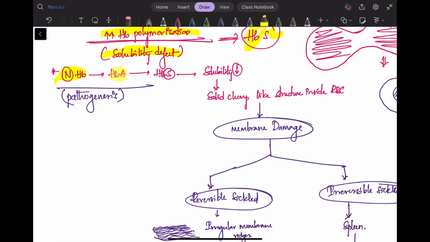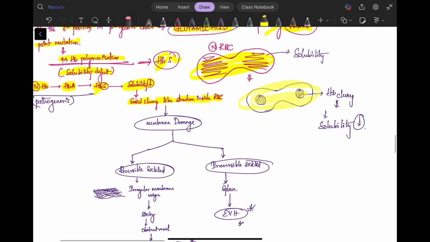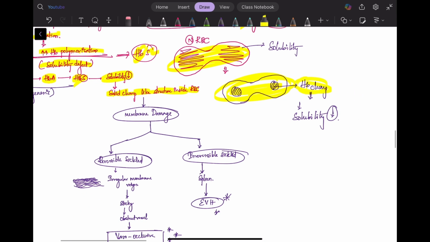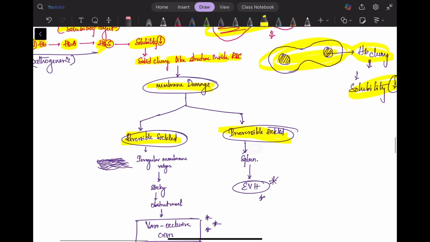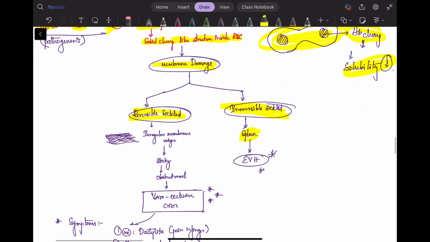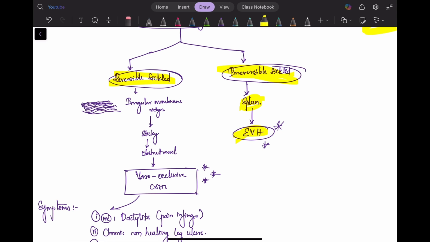Then normal hemoglobin, carrier, then diseased, then solubility reduced and clumps will be seen, where the normal RBC looks like this but it looks like this due to hemoglobin clumps. So what happens if clumping happens? Then the membrane will be damaged. So we have two pathways. Irreversibly sickled cells go to the spleen, as usual, then extravascular hemolysis.